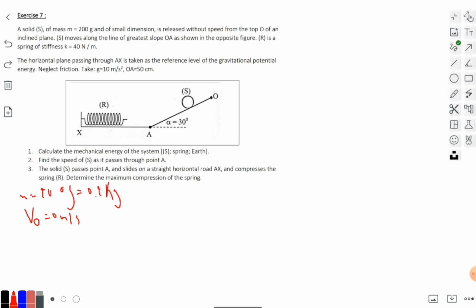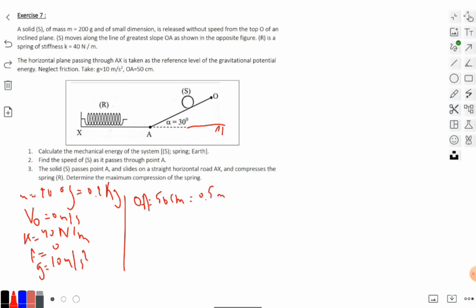R is a spring of stiffness k equal 40 Newton per meter. The horizontal plane passing through AX is taken as the reference level of the gravitational potential energy. Neglect friction, so friction equal to 0, and take g equal 10 meter per second square and OA equal 50 centimeter. From centi to meter divide by 100, so it's equal to 0.5 meter.